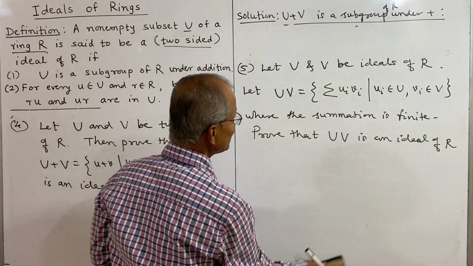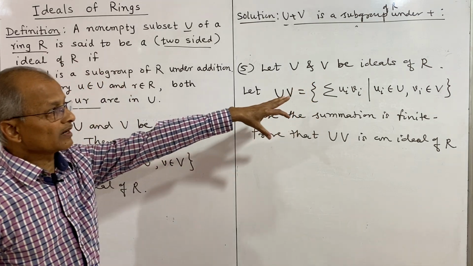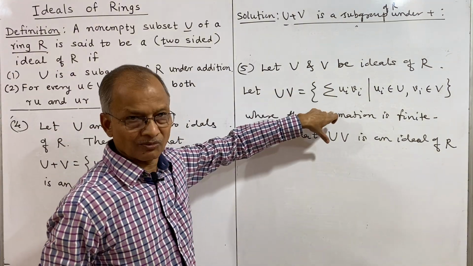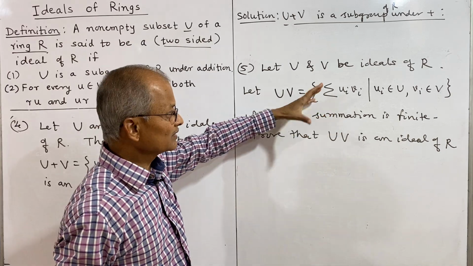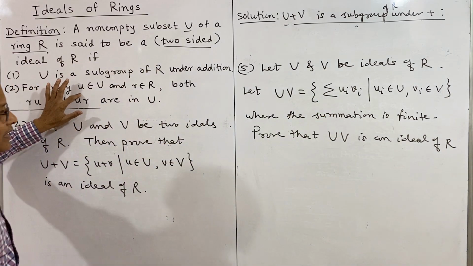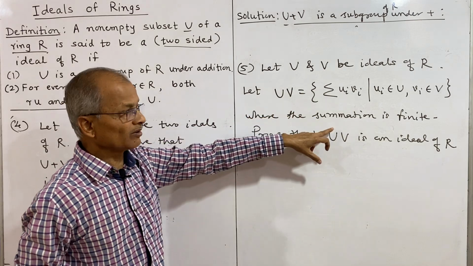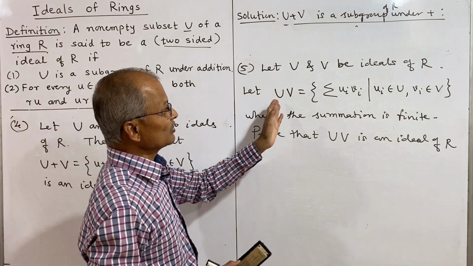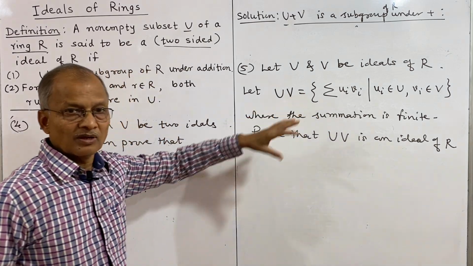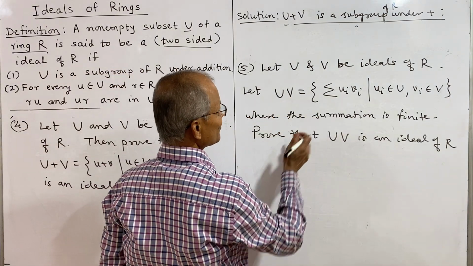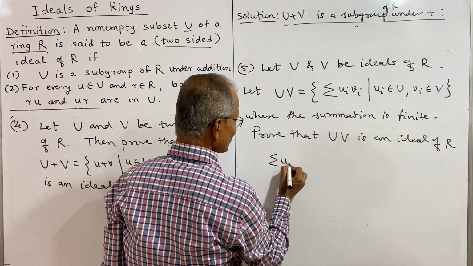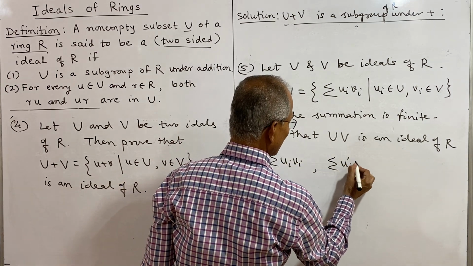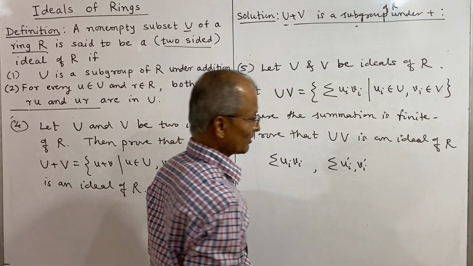First, UV is a subgroup of R under addition, and this summation is finite, 1 to n you may consider. The second condition is: take an element in UV, take an element of R, that can be considered as r, and show their product is in UV. Here two elements can be considered as, say, one element sigma ui vi, and another element sigma ui prime vi prime.